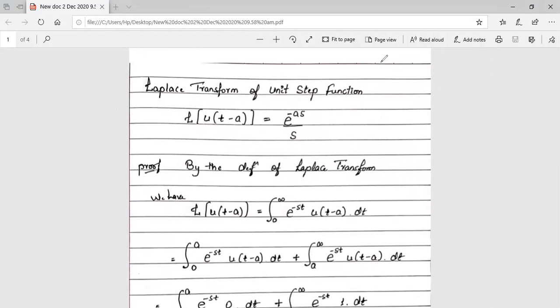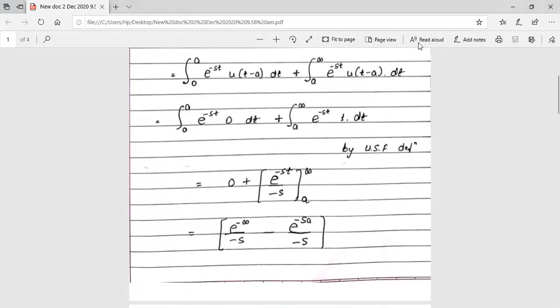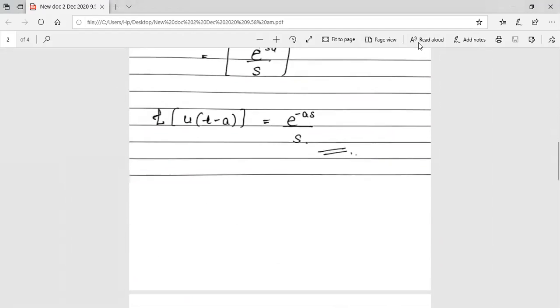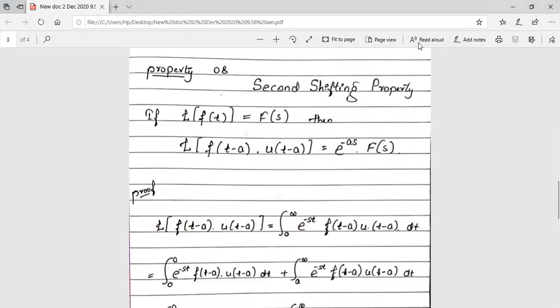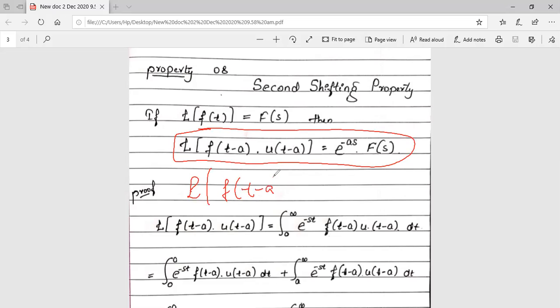Your important property is the second shifting property, and the statement is: Laplace transformation of the product of two functions f of t minus a and u of t minus a is equal to e to the power minus as into the Laplace transformation of f of t.